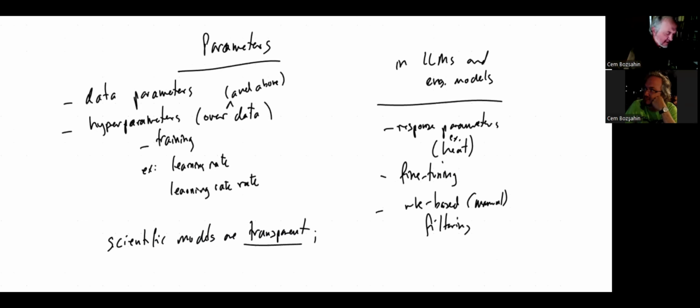The reason for that is that their results and training must be independently replicable.